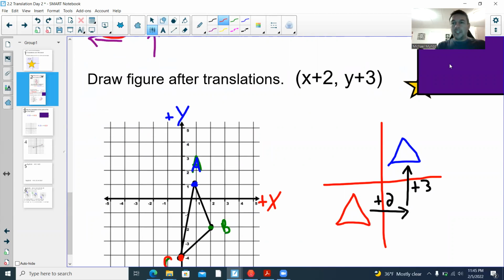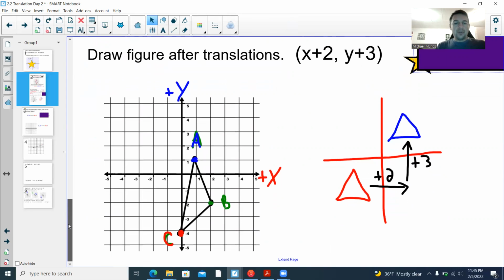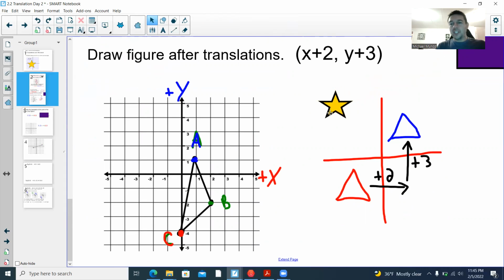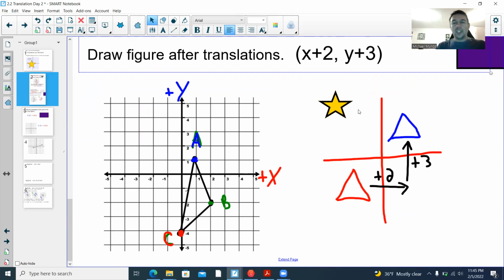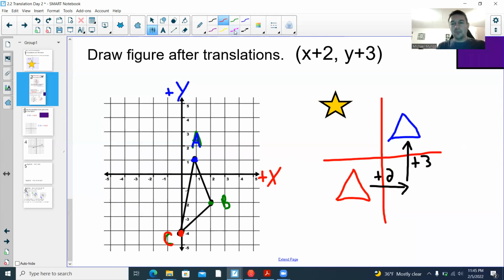So here would be an example. This is what you'd put down in your notes. I have a little star there, let you know that I want you to write that down. This question and this little graph. It's the same thing as this graph that I'm going to do now, but it's a little easier, so it doesn't take you long to put in your notes. But it says draw the figure after the translation. So x is a +2. So remember, +2 means 2 right. It's positive direction.